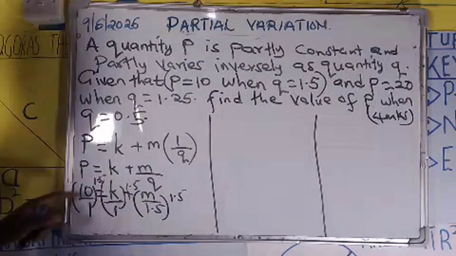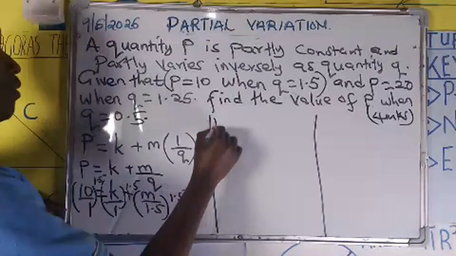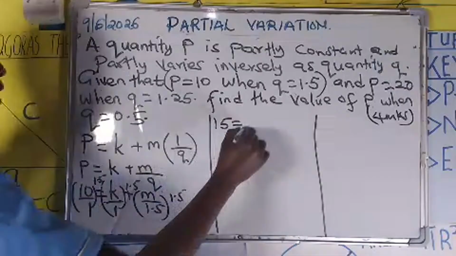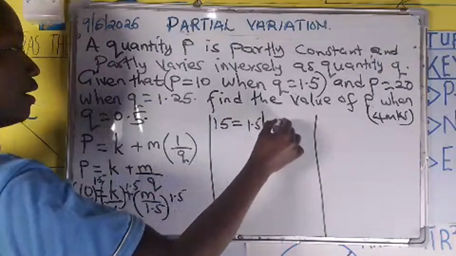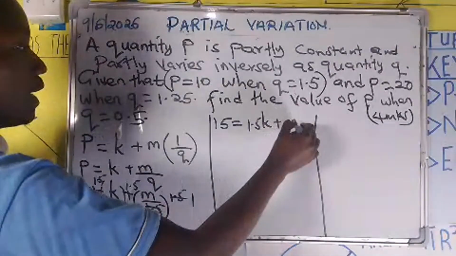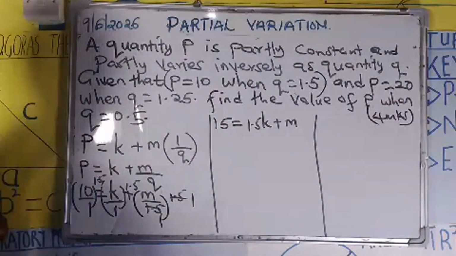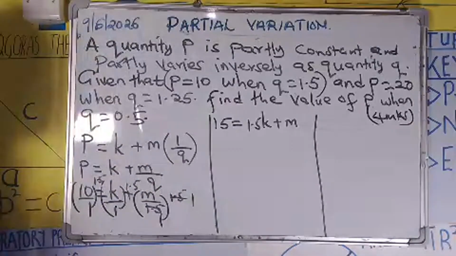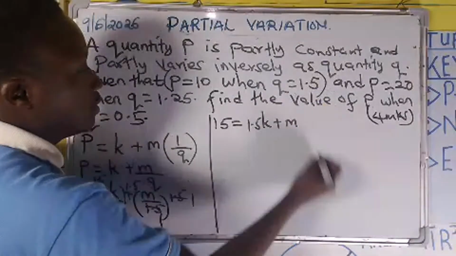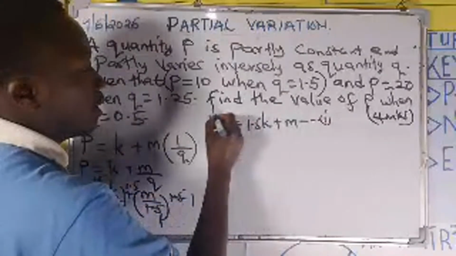Na tukifanya hivyo 1.5 times 10 will be equivalent to 15 is equals to k times 1.5 will be 1.5k plus m. That is equation 1.